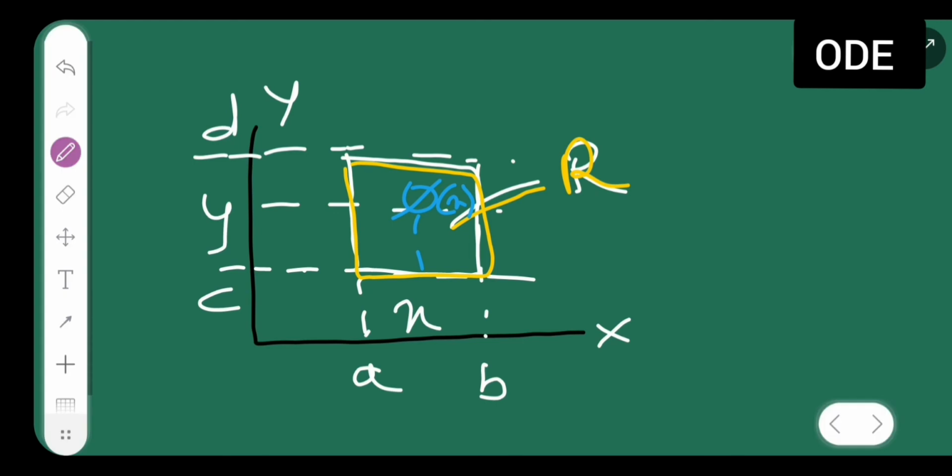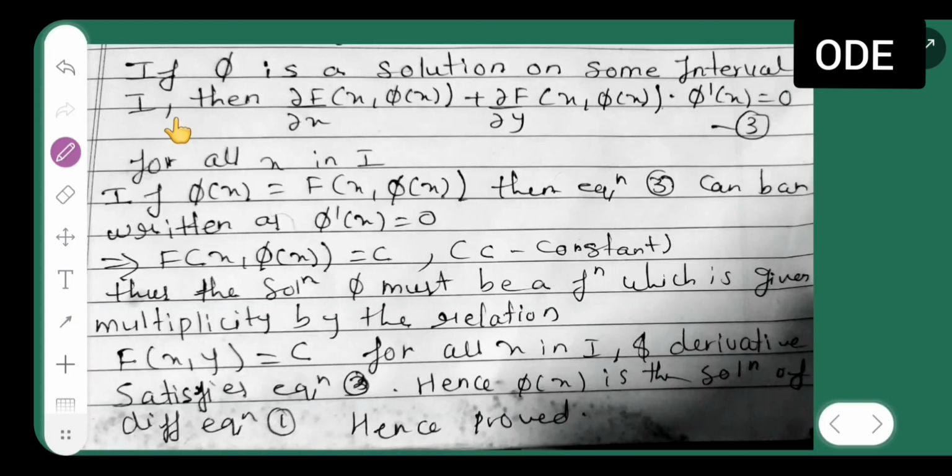Then dou f of x comma phi of x upon dou x plus dou f of x comma phi of x upon dou y into phi dash of x is equal to 0, and take this as 3, for all x in I.